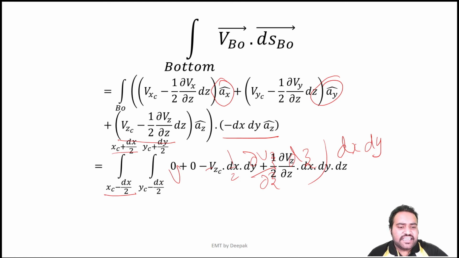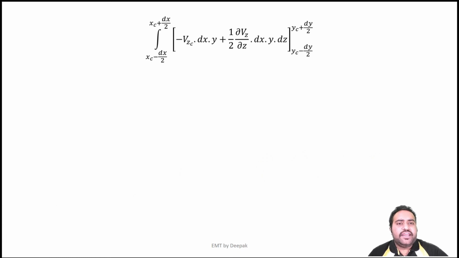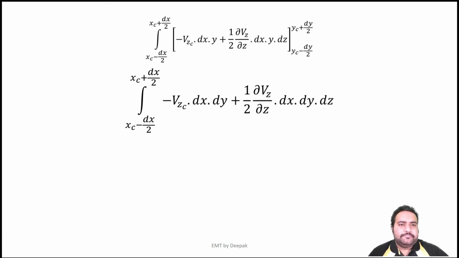Now, if I first integrate over y, over the limits of yc minus dy by 2, integration of dy is y. When I substitute the limits, it is very simple that I would be getting dy, because if I subtract yc plus dy by 2 minus yc minus dy by 2, yc would be cancelled out, dy by 2 minus minus dy by 2 would give me plus dy by 2 plus dy by 2.